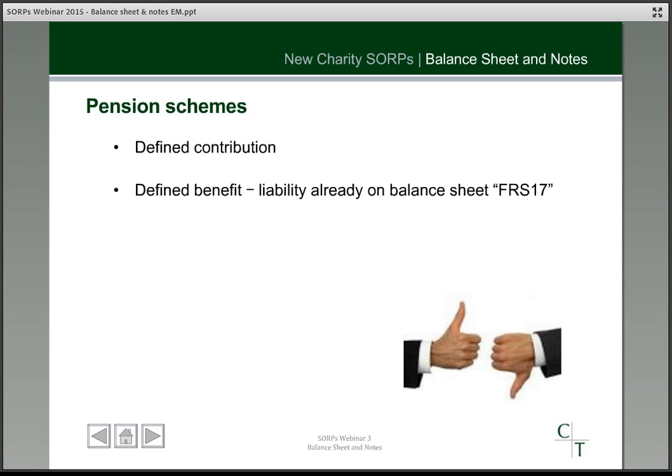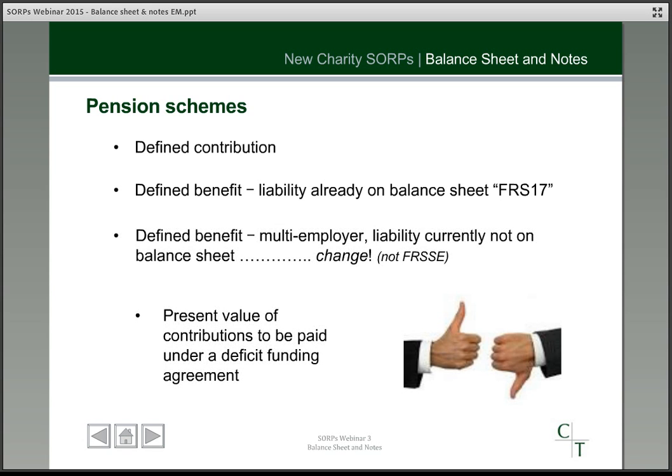Where there is a big change is in relation to defined benefit multi-employer schemes where the liability is not already on the balance sheet. The reason these liabilities are not already on the balance sheet is usually because the scheme can't segregate the assets and liabilities between the various employers involved. This in itself doesn't change, as if the deficit can't be measured, it can't be recognised.